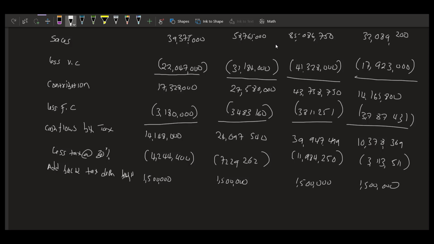Next, you can go ahead and calculate the after-tax cash flows. We add 14,148,000 minus 4,244,400 plus 1.5 million. This is giving us 11,403,600.